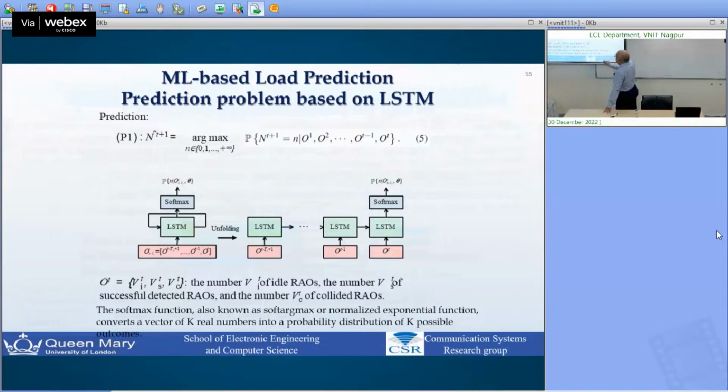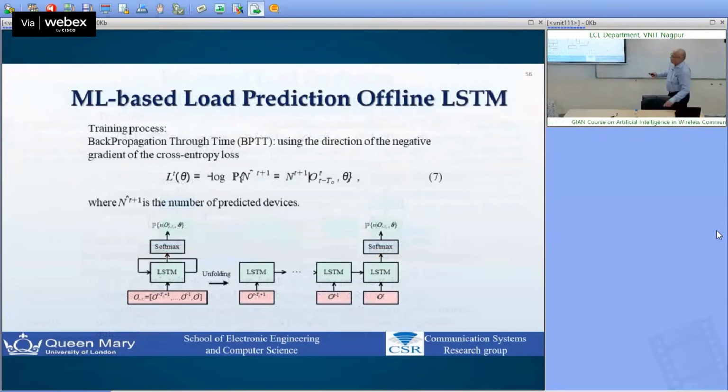Now the question is, we have parameters that we have to train. That training is done using the backpropagation through time algorithm. We can update the parameters theta for the LSTM network as well as for the softmax operator.